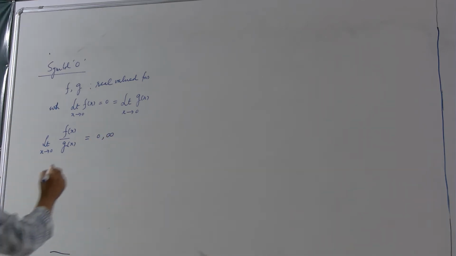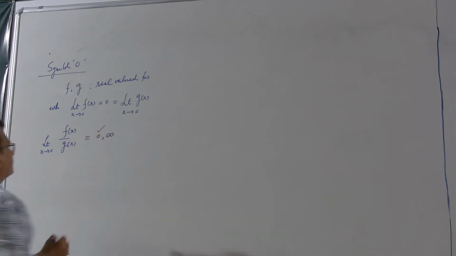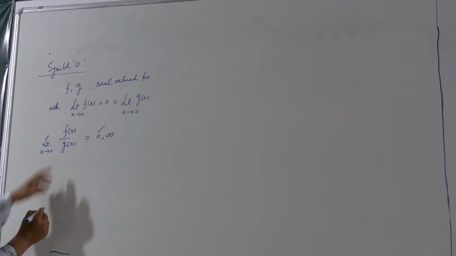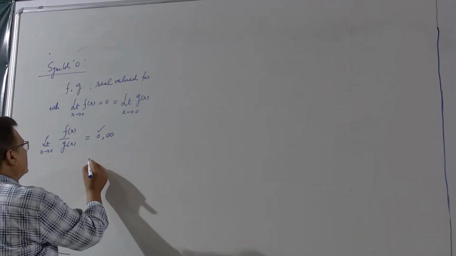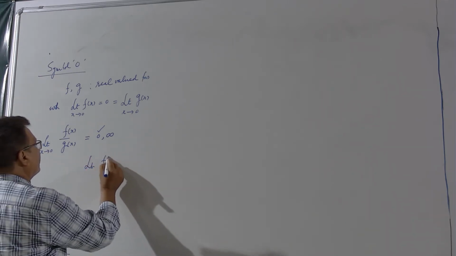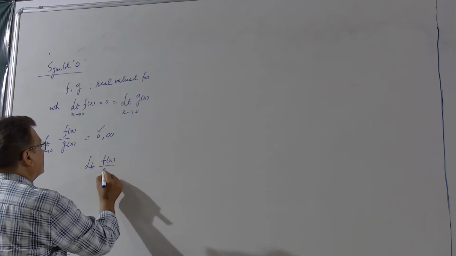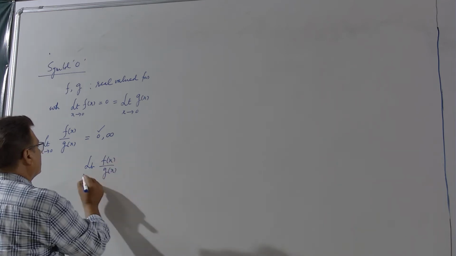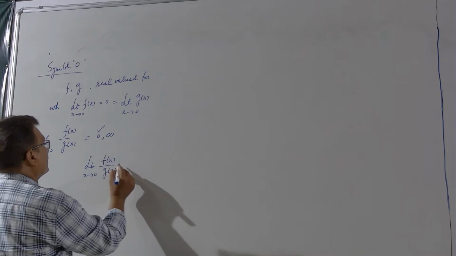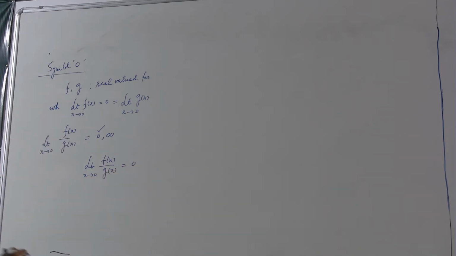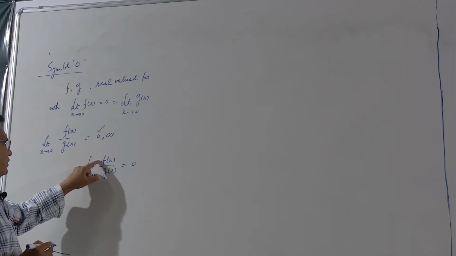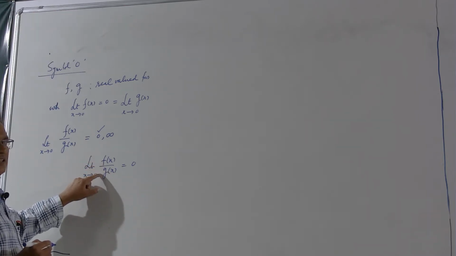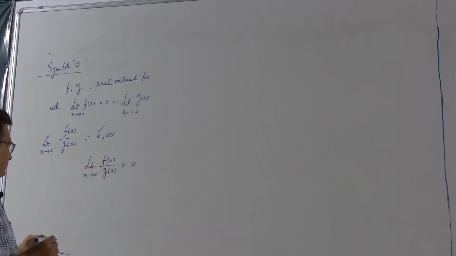The case when this limit is 0 can be understood because suppose I assume that the limit of f x upon g x when x goes to 0 is 0. Now, this will happen if and only if f approaches to 0 faster than g when x approaches to 0.